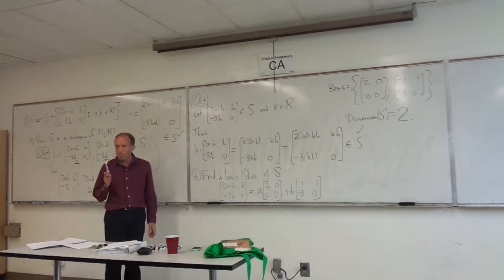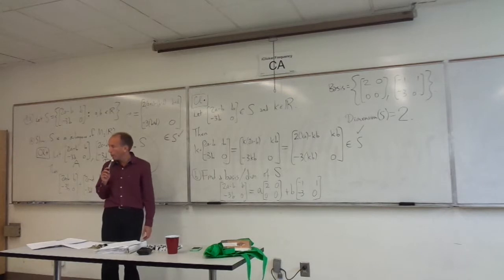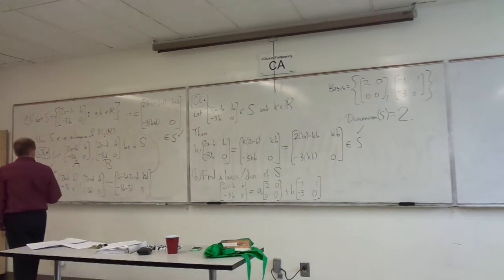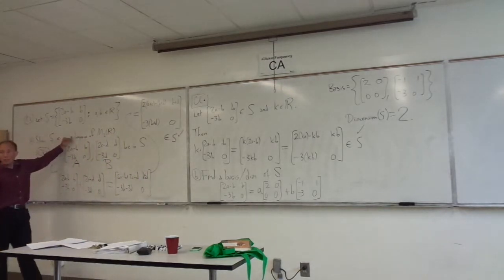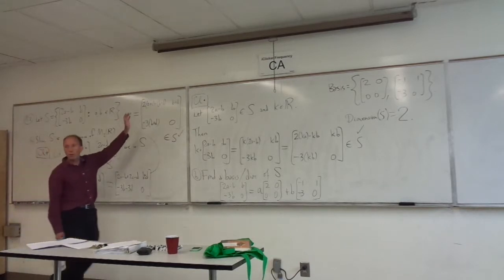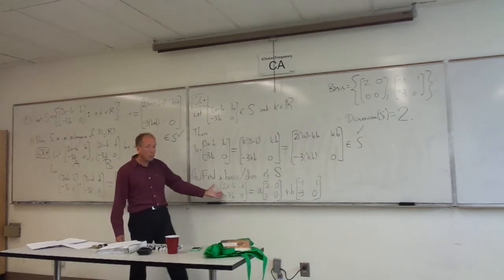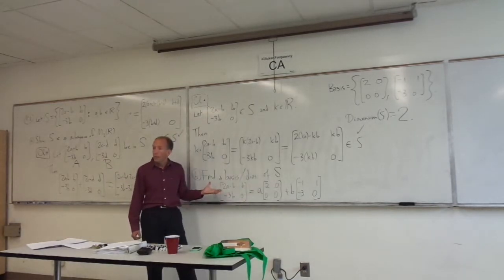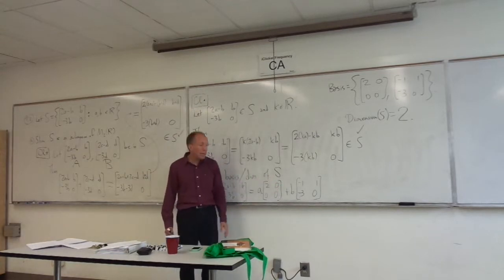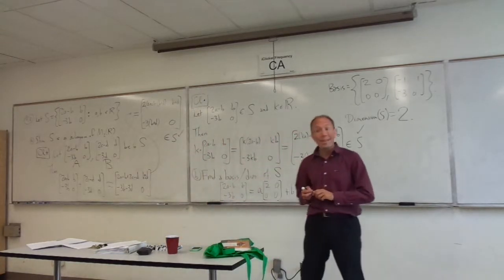Want to go back to a point Erwin made. Erwin was asking me a question a little bit ago. To show that S is a subspace, instead of checking closure under addition and closure under scalar multiplication, what he was proposing is that we go straight into busting out the variables. And he's absolutely right that we could have done it that way.